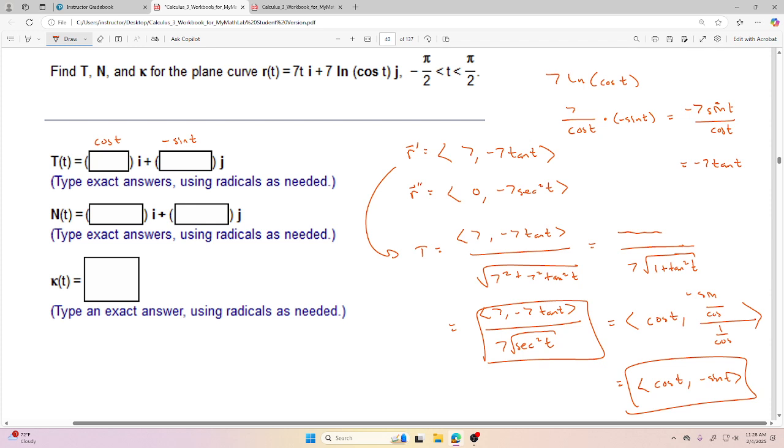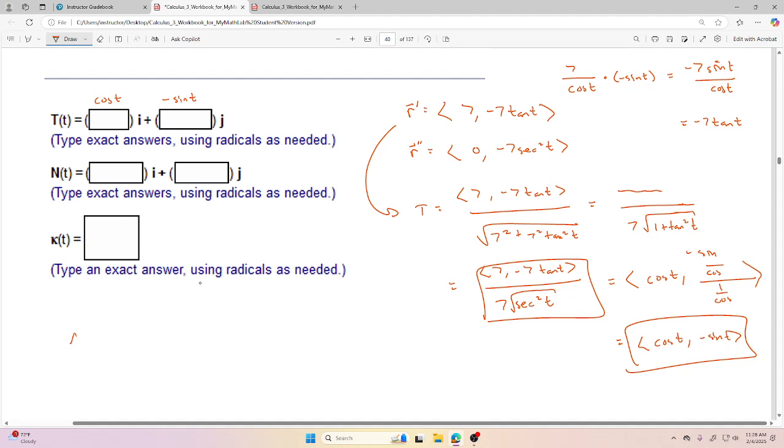Now, when you have an easy T, your N is easy, which is very good. And so I'm going to do the N right quick with you guys. So N is going to be T prime divided by the magnitude of T prime, right? So we need to find T prime. What's my derivative of cosine? And then the derivative of negative sine is negative cosine.